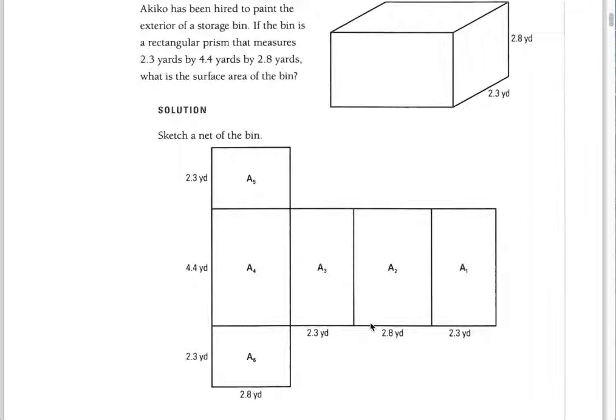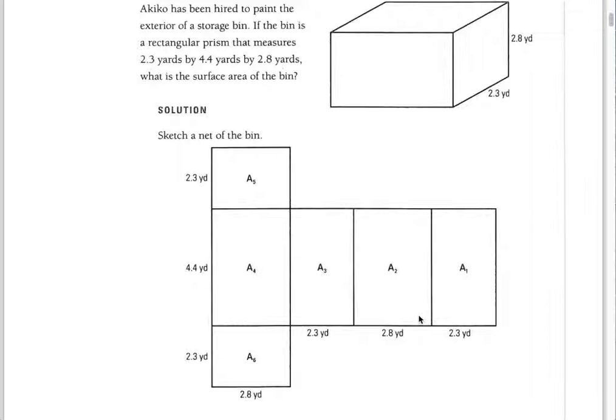So now we can calculate the surface area of each particular rectangle. So there's area 1, 2, 3, 4, 5 and 6. We know the length of this here is 4.4. It's over here. So all of these have the same length, different widths.